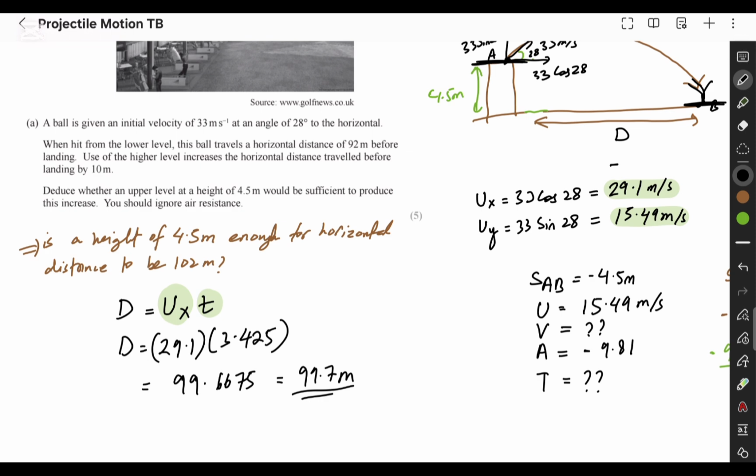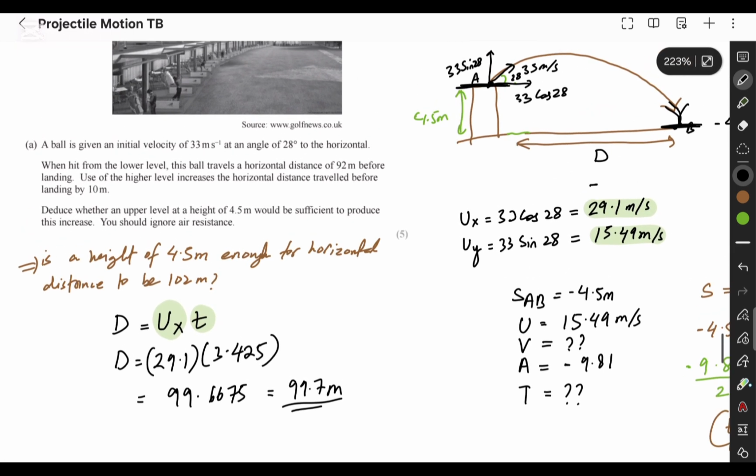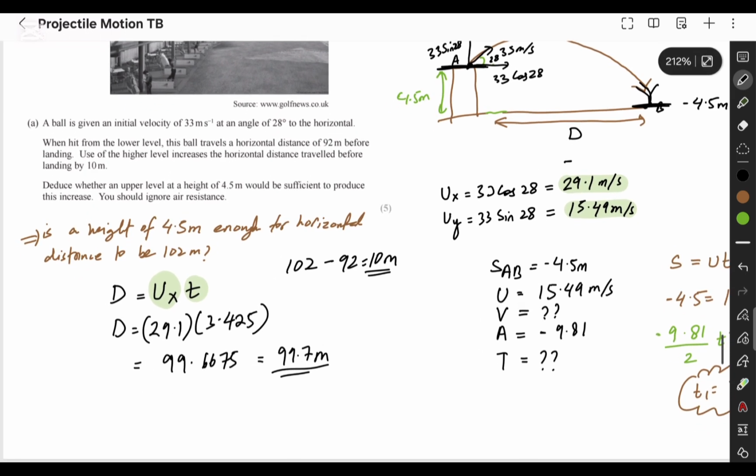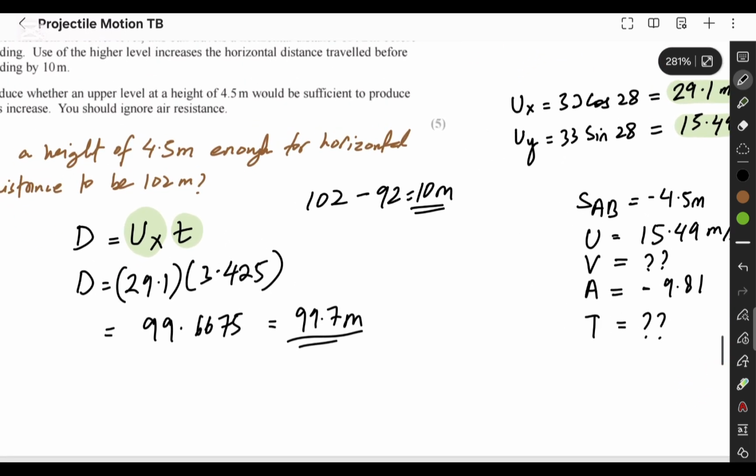I hope that's clear. Now the question says that using a higher level would increase my distance by 10 meters. So my distance should have been 102. 102 minus 92 is 10 meters. So using the upper level should have increased my distance by 10 meters. But we can see that using an upper level, which is of 4.5 meters, is increasing my distance by 99.7 minus 92.